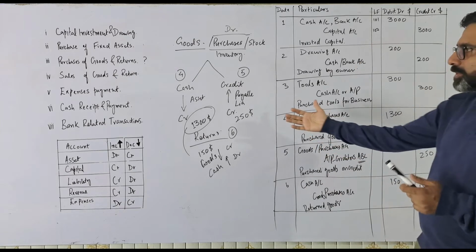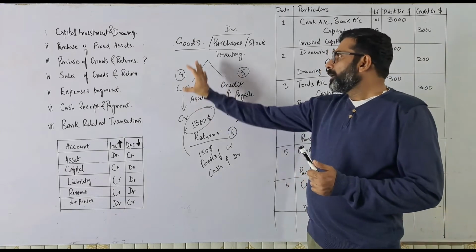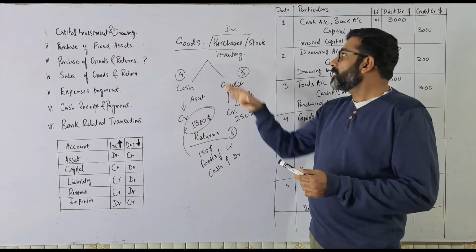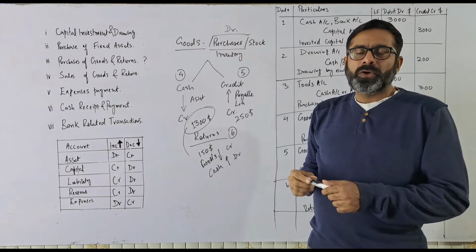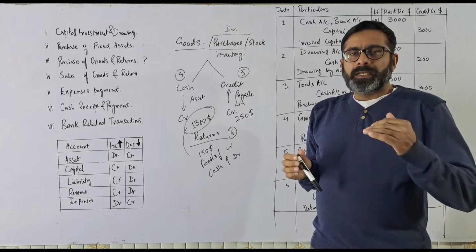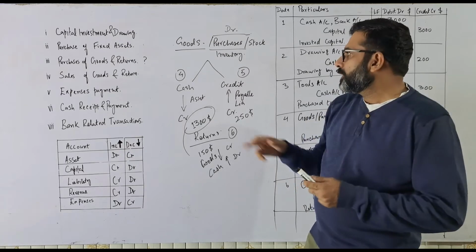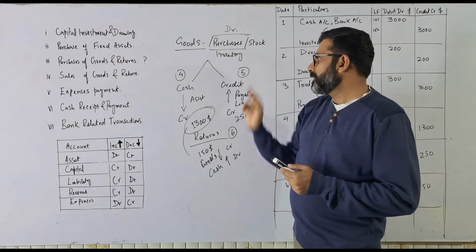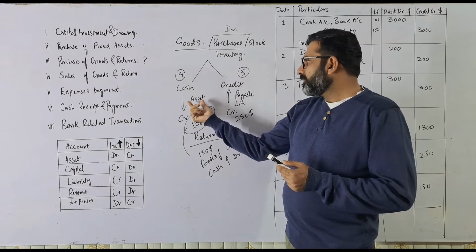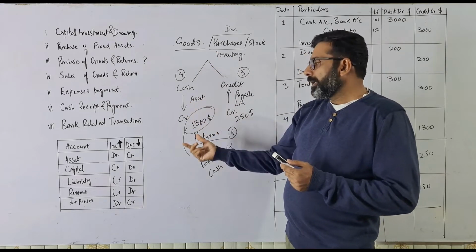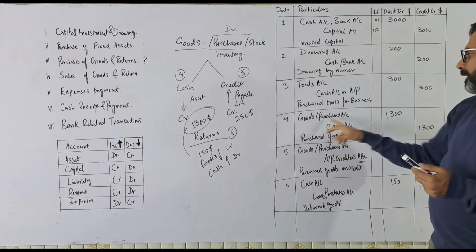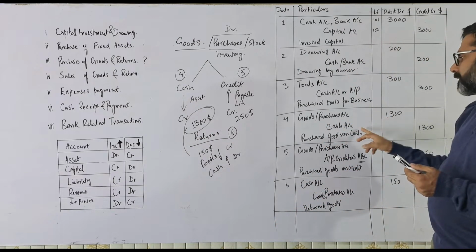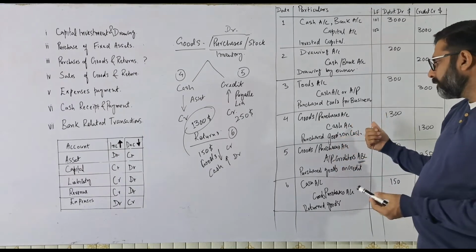Then the next transaction was related to the goods purchases. The purchases mean those things which are purchased for the resale purposes or for the business, like reproduction purposes. So the purchases account will be debit, and the cash account, because you are paying the cash, will be credit.